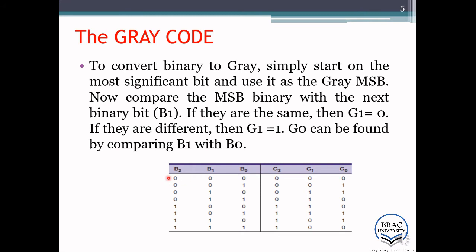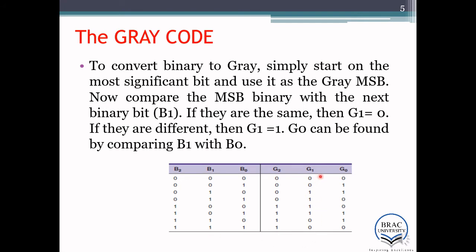If they are the same, then G1 equals 0, otherwise 1. Say like this is the same, so G1 is 0. The second one is the same, G1 is 0. The third is different, 1. The fourth, fifth and sixth are different, 1. The seventh is the same, 0, and the eighth is the same, 0.